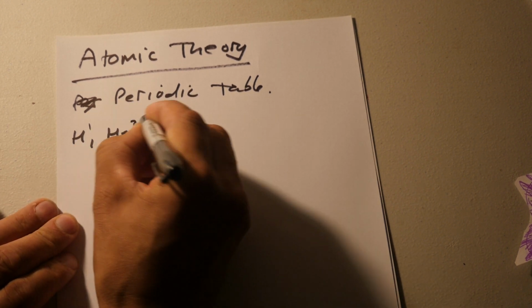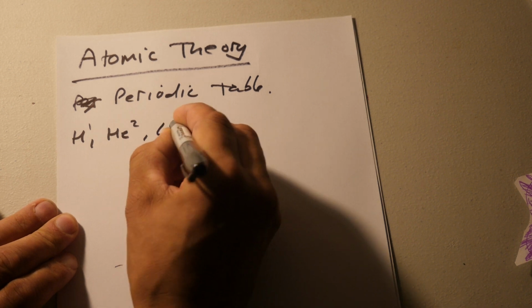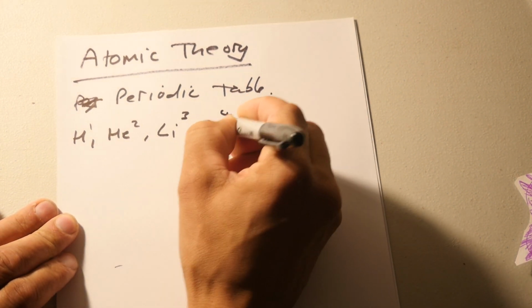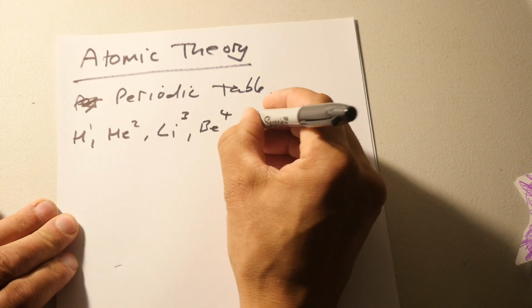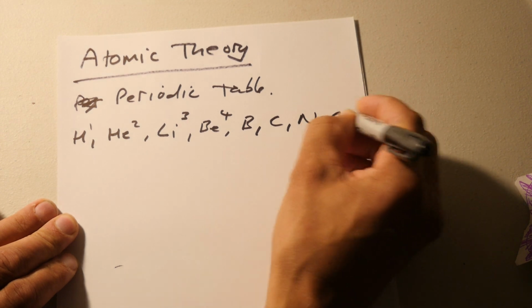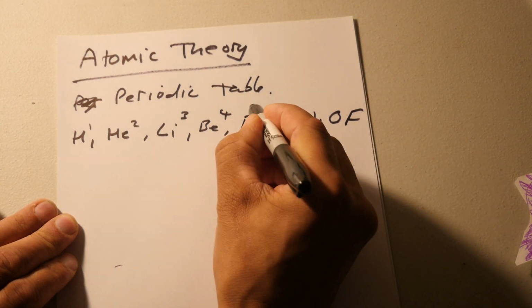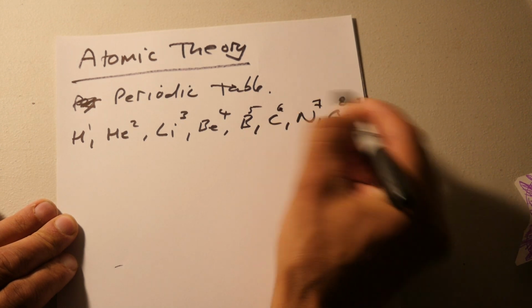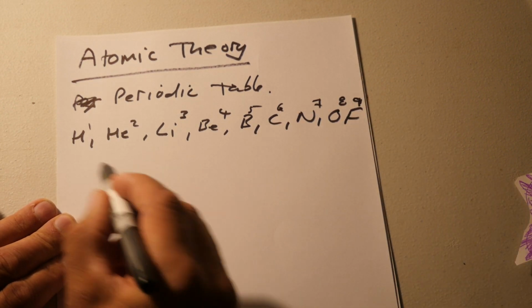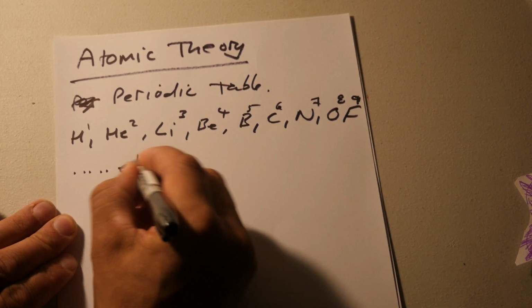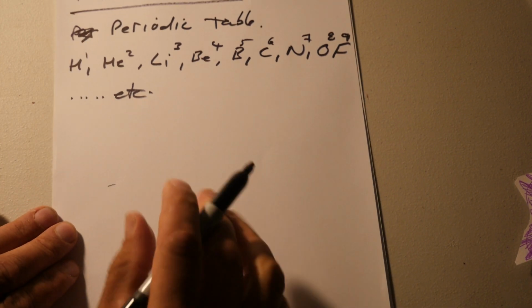That's 1, 2, and then lithium, beryllium, boron, carbon, nitrogen, oxygen, fluorine, 5, 6, 7, 8, 9, okay? That's the order in the periodic table, and it carries on, etc., okay?